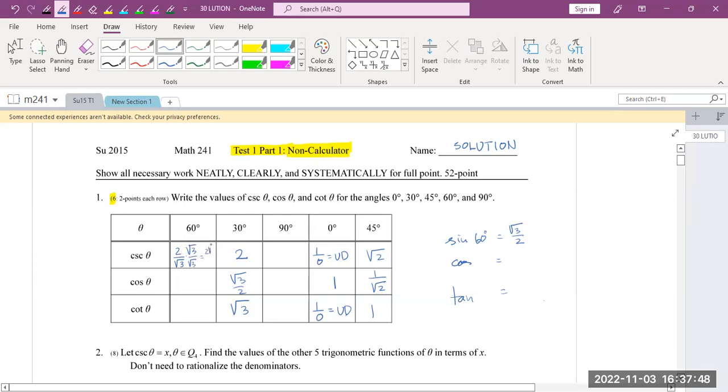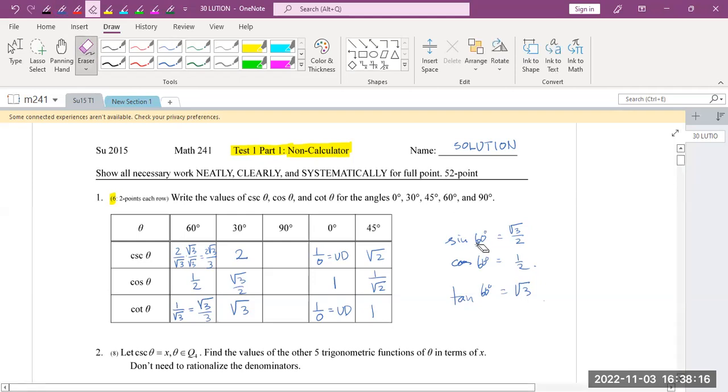We get 2 radical 3 over 3. Cosine 60 degrees is 1/2, right? And tangent 60 degrees is radical 3. Therefore, cotangent 60 degrees is 1 over radical 3. Rationalize the denominator, that's radical 3 over 3.